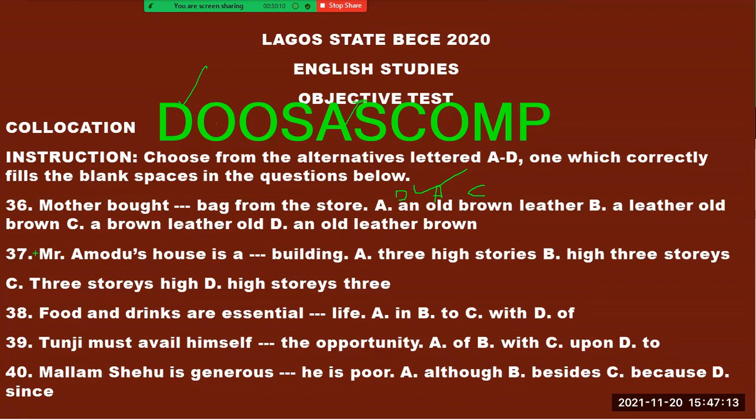Now, question number 37. Mr. Amodu's house is a dash building. A, three high stories. No. Again, we have to look at how these adjectives are ordered here.